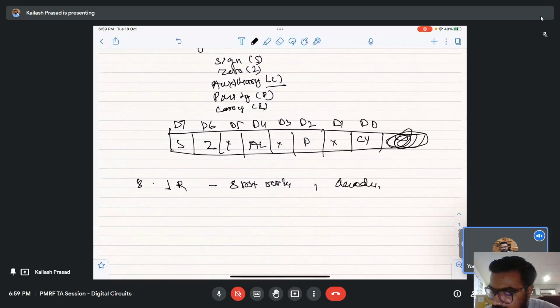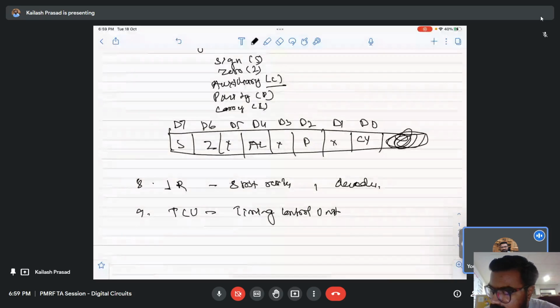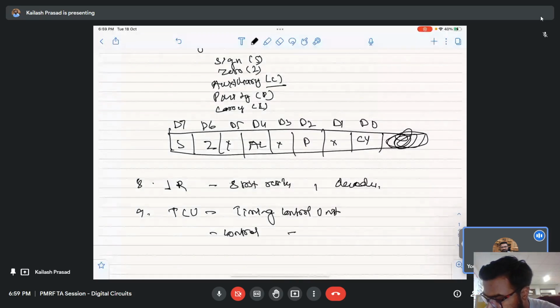Apart from that, the ninth thing is the TCU, timing control unit, where we generate some of the control signals: ready, read, write, something like this.